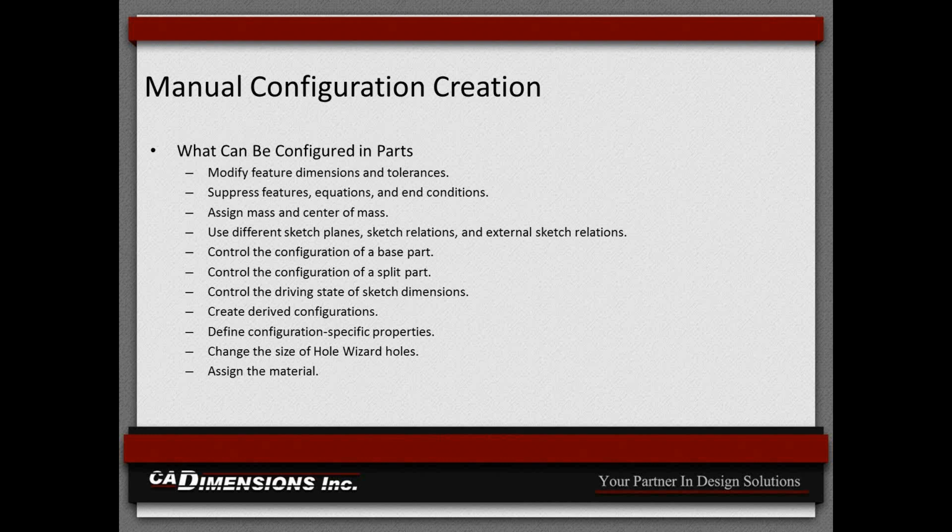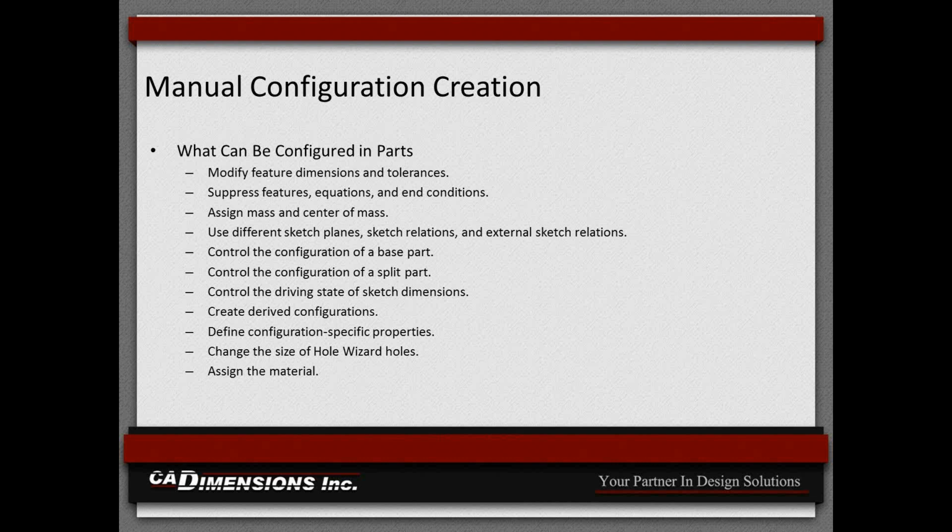But I think more importantly, the interface and the way that configurations are created is not the same throughout the software. So whether you're configuring a dimension or you're configuring a property or a whole wizard size, they all are a little bit different in how you access and make those changes.